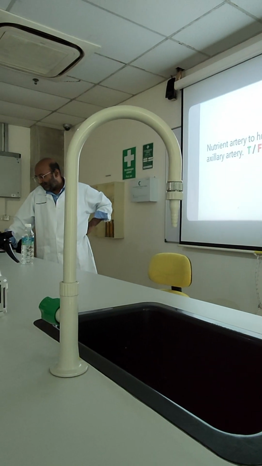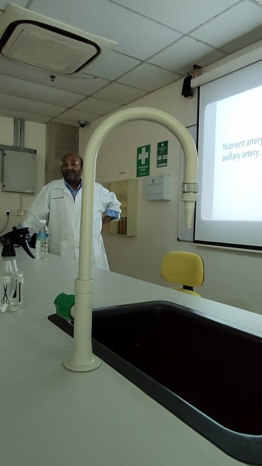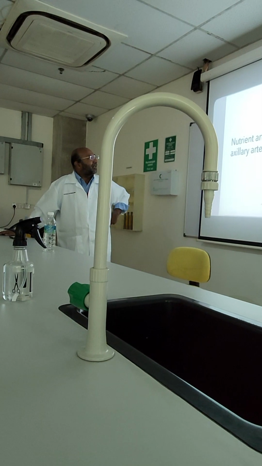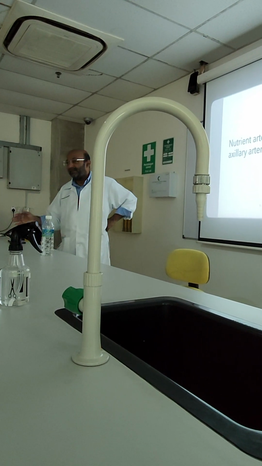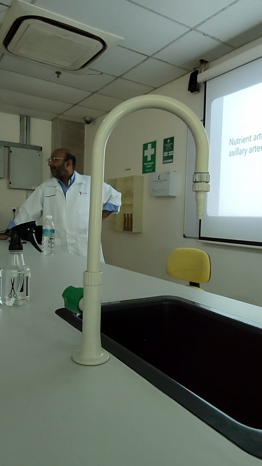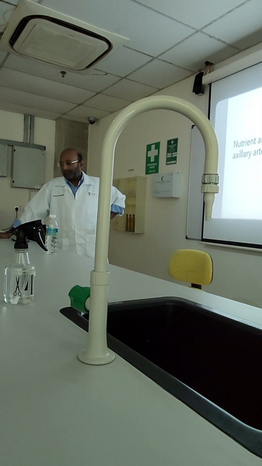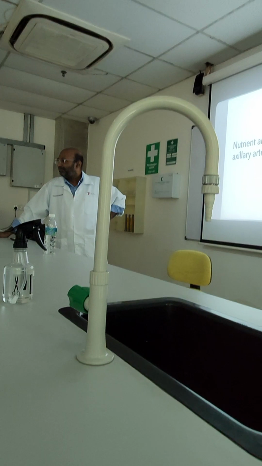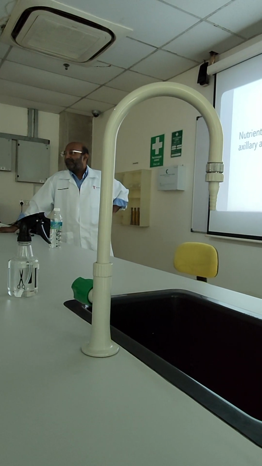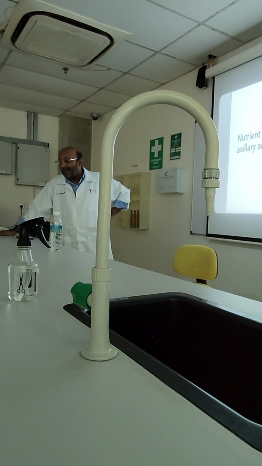Nutrient artery to the humerus is a branch of axillary artery. All of you can see this, right? Anyway, don't worry too much. It is not a branch of axillary artery.